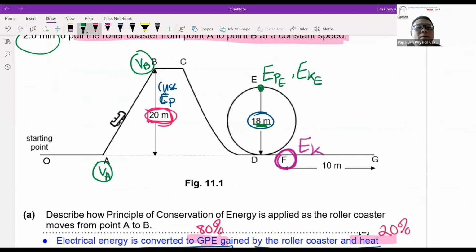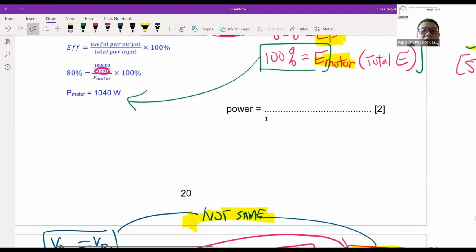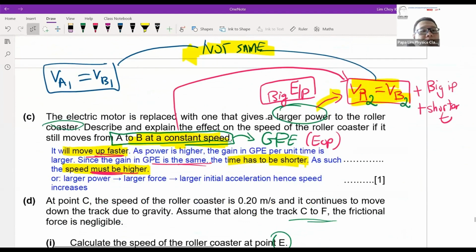Then I'm coming from point C. At point C, we are looking at the potential energy at C and the kinetic energy at C. If you look at conservation of energy, you will find that it's converted from one form to the other form. So the initial energy is converted to the final energy at point E. You can look at it in terms of total initial and final energy.